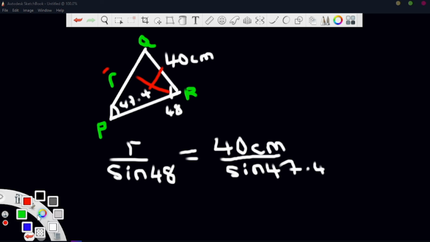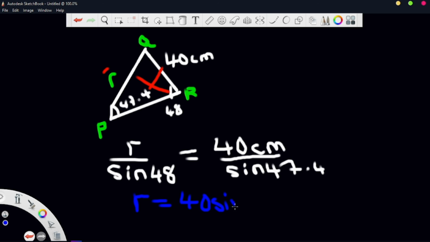So we know that our r will be equal to 40 sine 48, when we multiply the two, over sine 47.4.